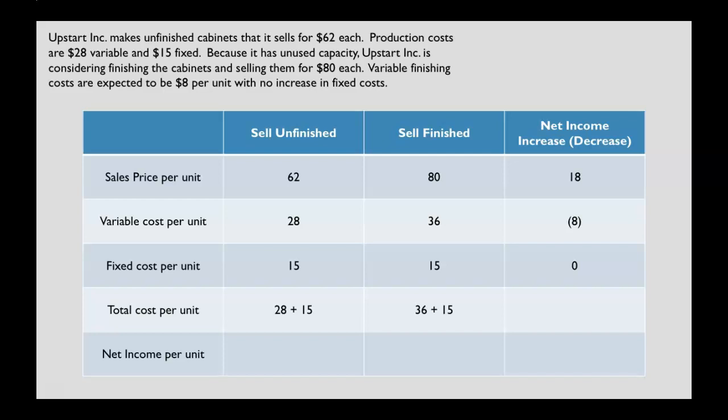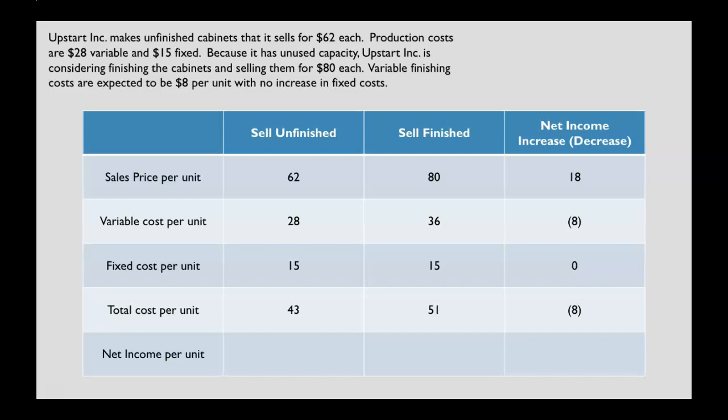The finished cabinets, that's 36 plus 15. So we find our total cost per unit. And if we were to finish these cabinets, our costs are $8 more per unit. So that would decrease our net income by 8.